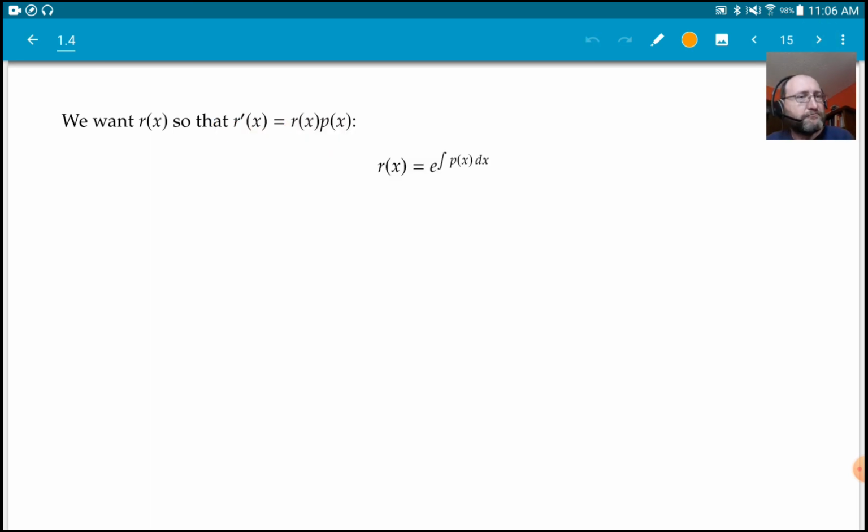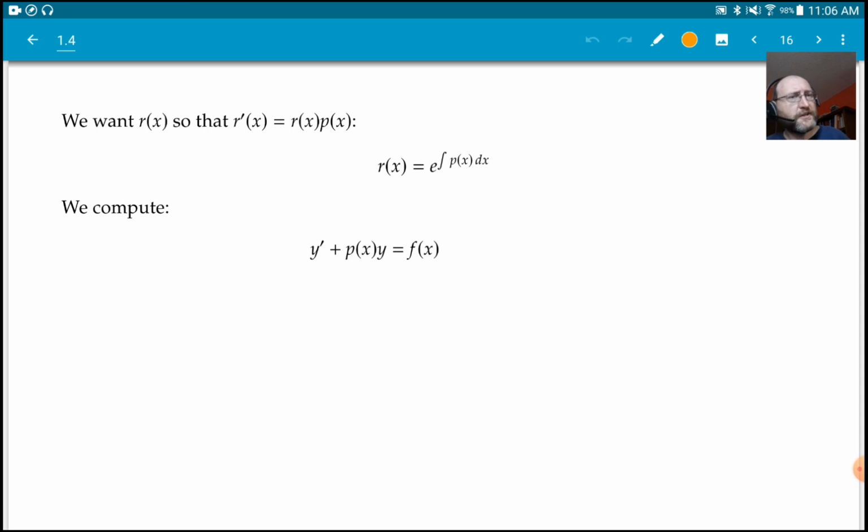Well, that's not bad. We know a function whose derivative is itself, and we use the chain rule to our advantage. So we take any antiderivative of p, and we take the exponential of it. The derivative of that will be the exponential of the antiderivative of p, and then the derivative of the antiderivative of p, which is p.